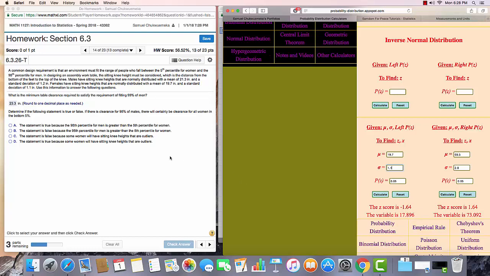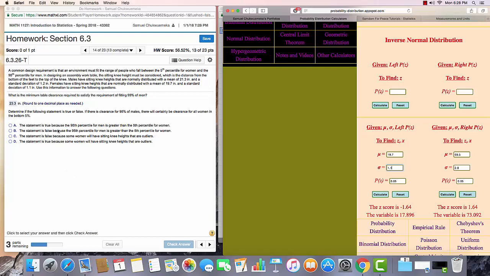But even if we don't look at it that way, if you look at it with the normal curve, 95% is way beyond 5%. So there will certainly be a clearance for all women in the bottom 5%. Yes, it's true.